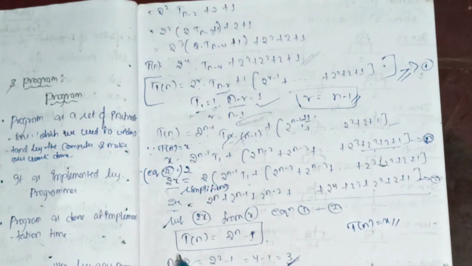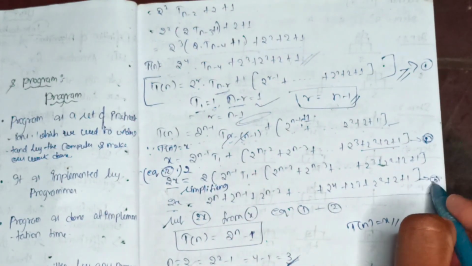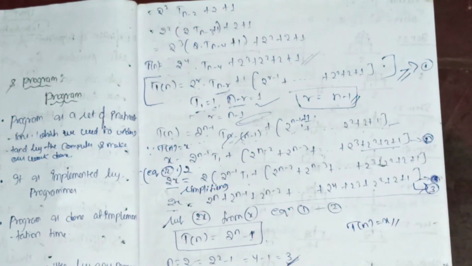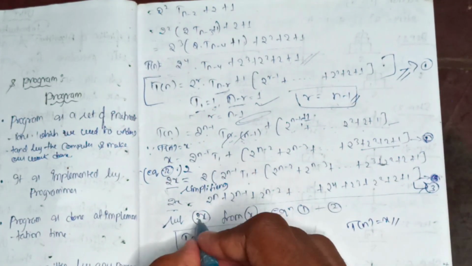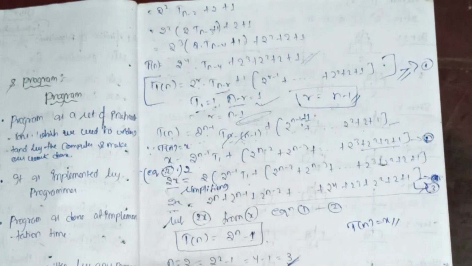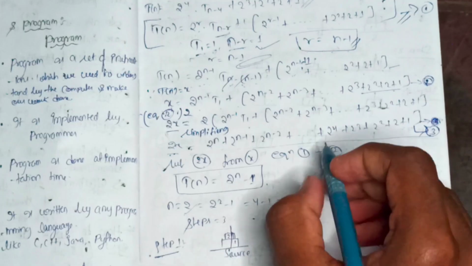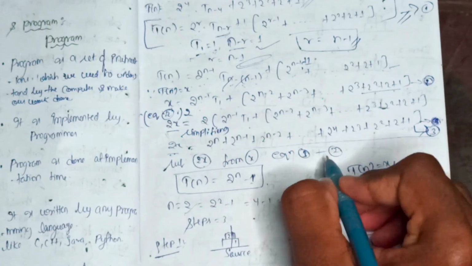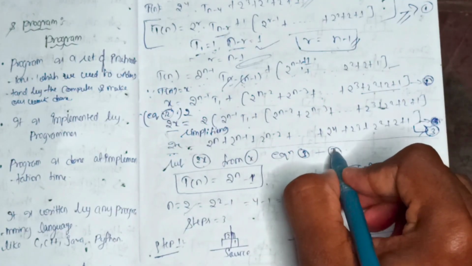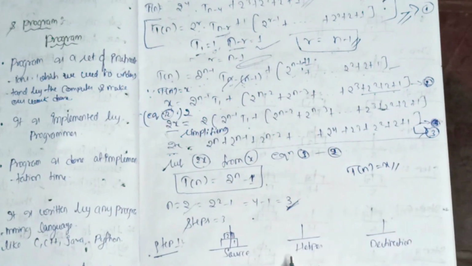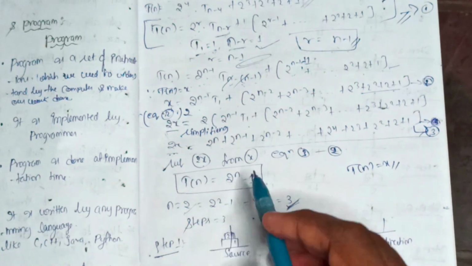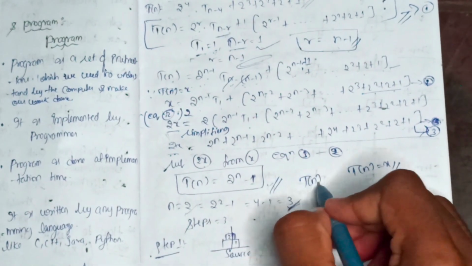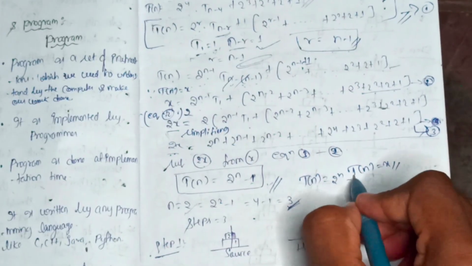Let this be equation number 3. We have to subtract, 2x minus x, like equation 3 minus equation 2. Then we get our final answer, T(n) equals 2 power n minus 1.